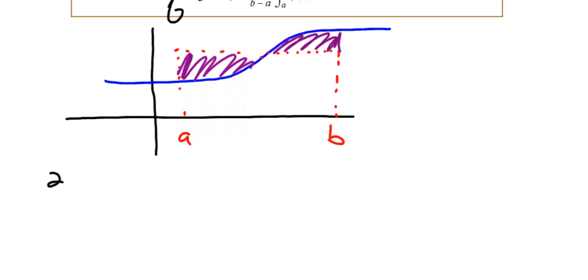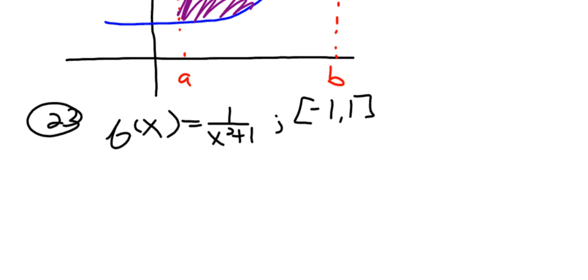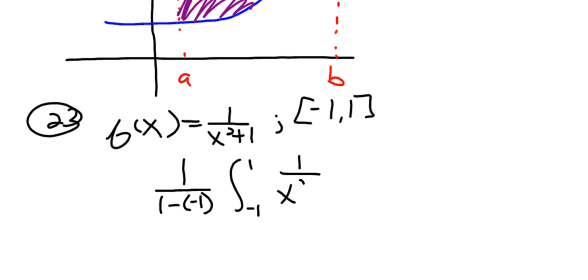So for number 23, I have that the function is 1 over x squared plus 1 on the interval from negative 1 to 1. So if I want to say the average value, it's going to be 1 over b minus a, and the integral from a to b of our function dx.